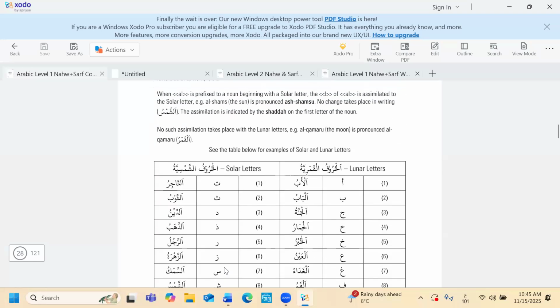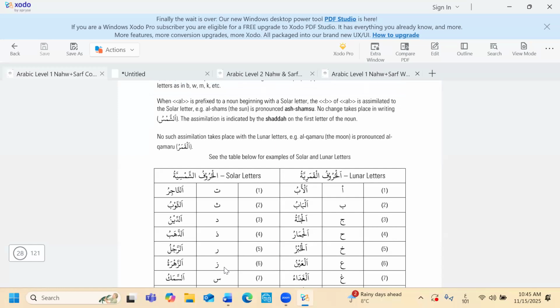Any questions on that from anyone? So again, this is more to do with pronunciation. Again, this will come with time.